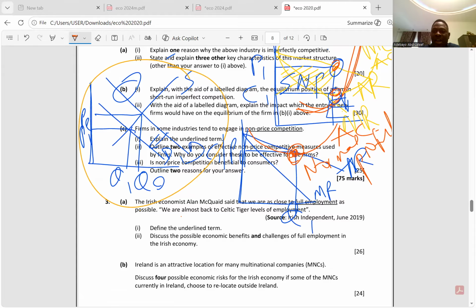But now AC and AR are at the same point. That is normal profit. So cost and price are the same. And P equals AR. So this is the situation for a normal profit. Supernormal profit will bring about this, and this will bring about this. So that's how to draw a graph representing supernormal profit, representing more firms coming into the market, bringing about a normal profit.